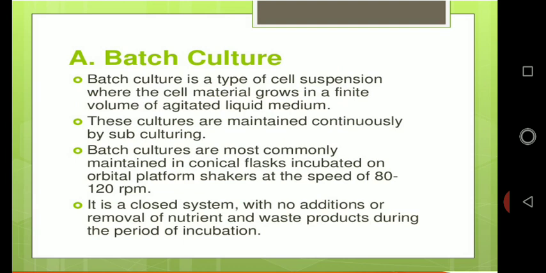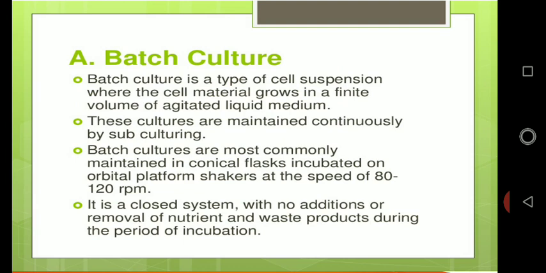So if we take a conical flask, we add around 250 ml of plant tissue culture media, liquid media, inside it, then we add our cells inside it and we close it. So this is a closed system. And in this batch culture system, we neither add any nutrient nor remove any product.